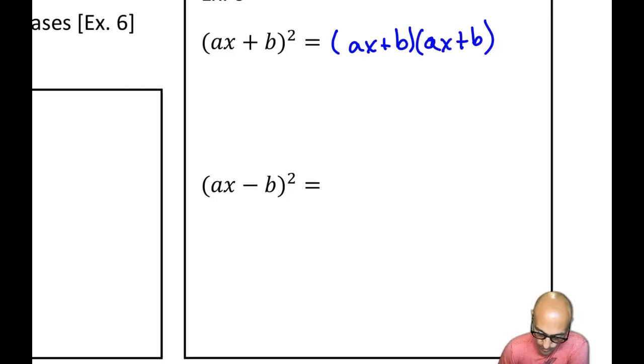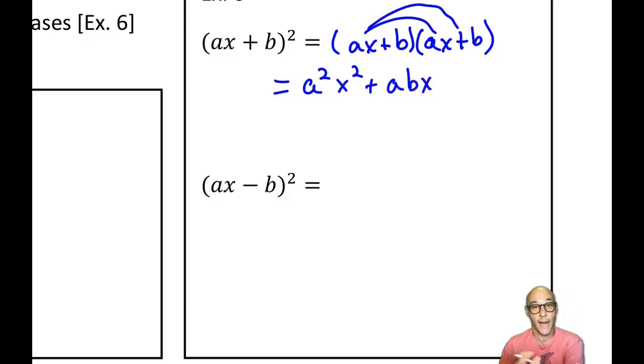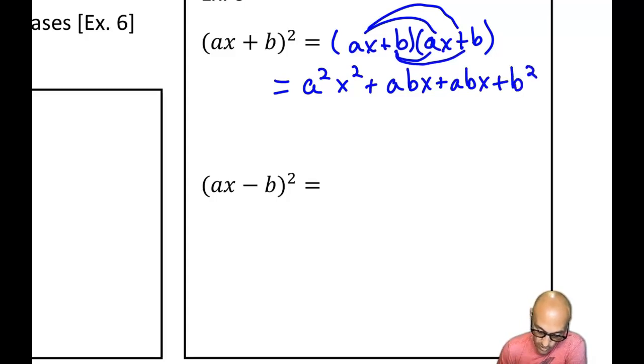Firsts, ax times ax is a squared x squared plus, outers, ax times b is abx. We can rearrange the order of multiplication. Inners, b times ax is abx. And last, b times b is b squared.